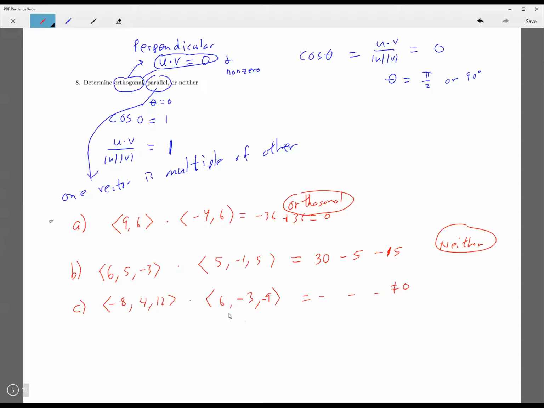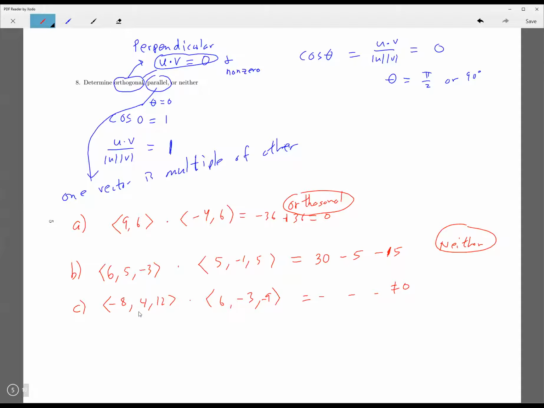But what else do you notice? Yeah, this is kind of tricky. Parallel is when one vector is a multiple of the other. So is that by chance what we have right here? Yes, it is.